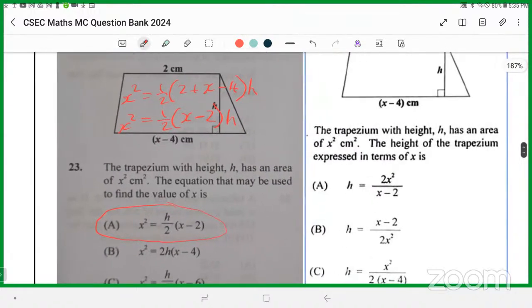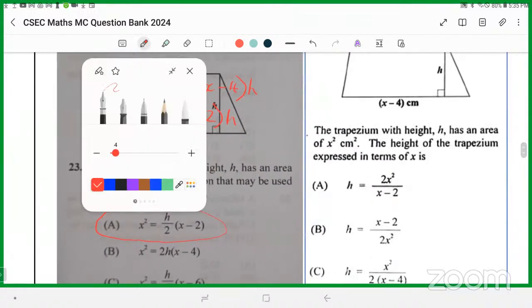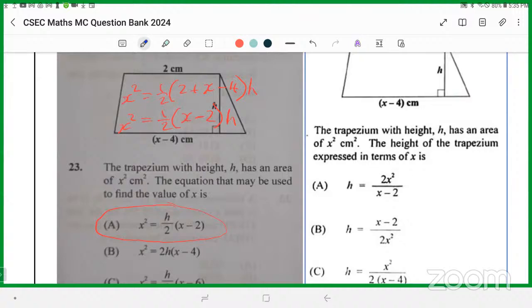So we would get, let me do it in blue, that x squared is equal to h over 2 into x minus 2. Same work as over here, because it's the same trapezium. And then you want to make h the subject. So you multiply by 2 and then divide to transpose.